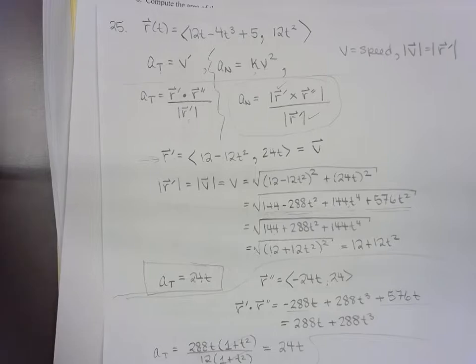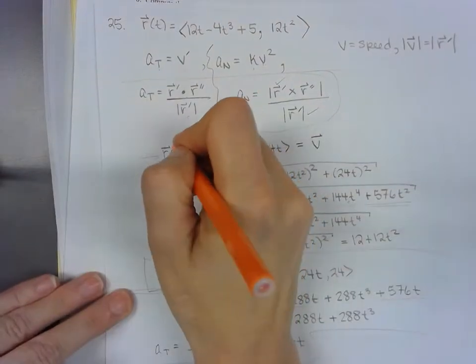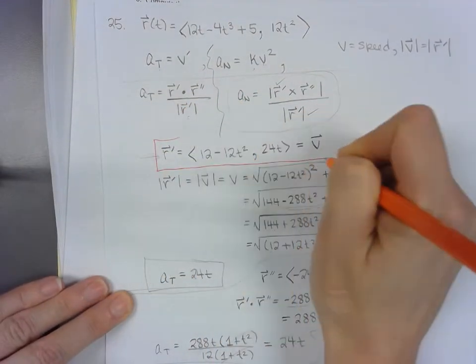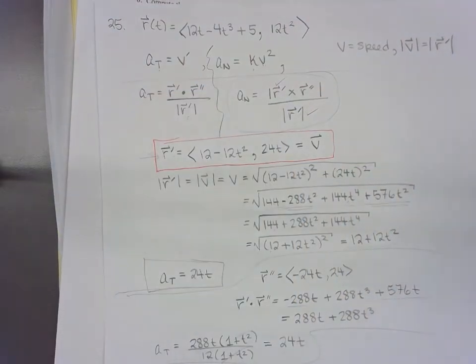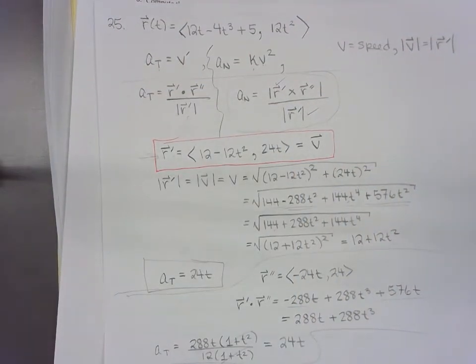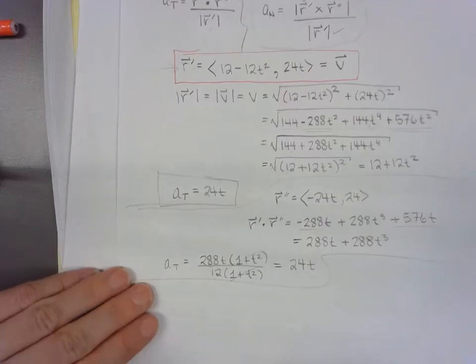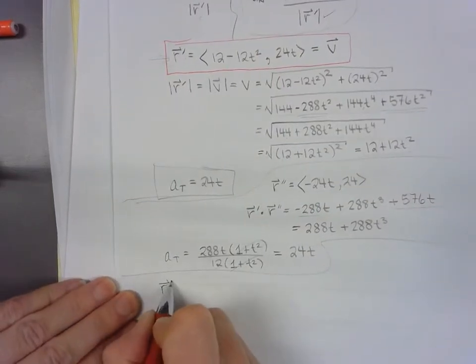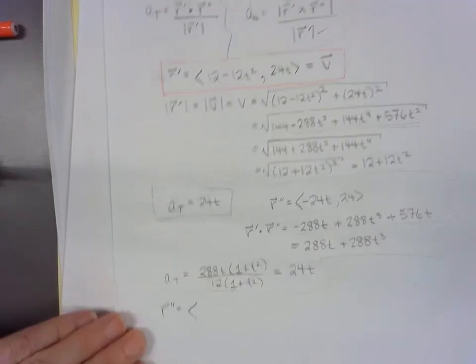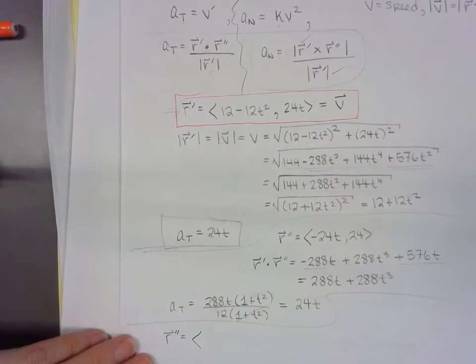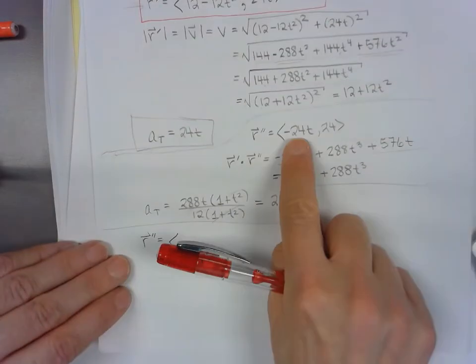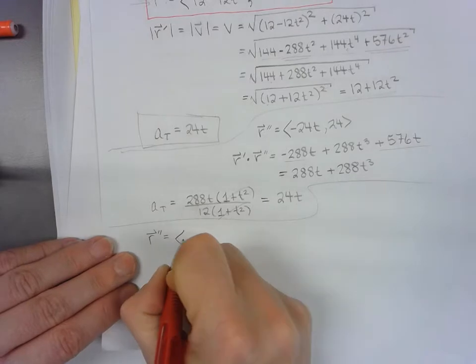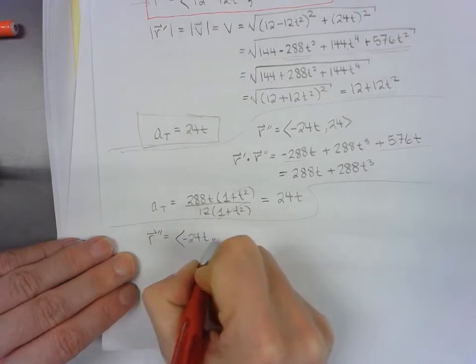Here is r prime. How hard is it to take the derivative? Not hard, right? So r double prime, what's its first component? We found our double prime. Oh yeah, we did, it's right here, right? Negative 24t, 24.